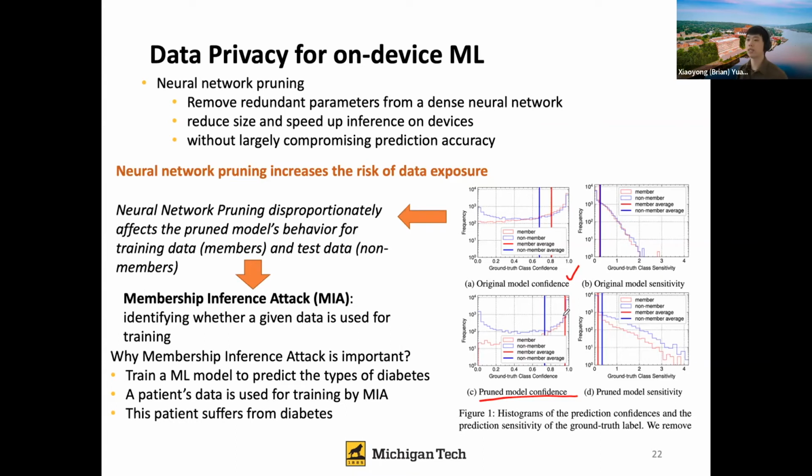Then the attacker can infer that the patient suffers from diabetes. In this case, the confidential data from this patient is exposed through the machine learning model. The membership inference attack exposed the confidential data.